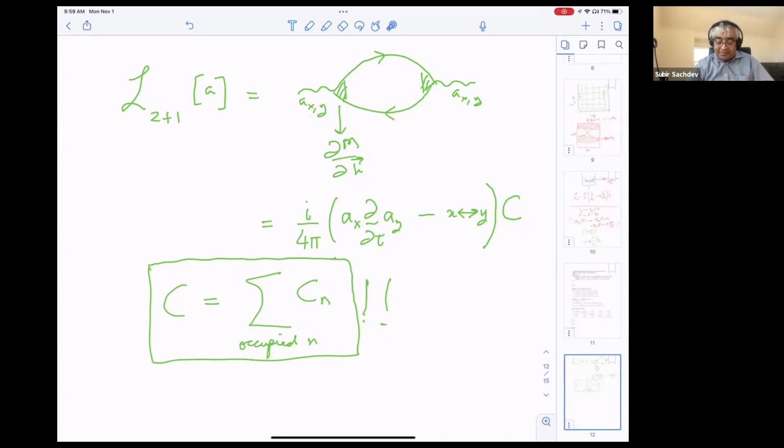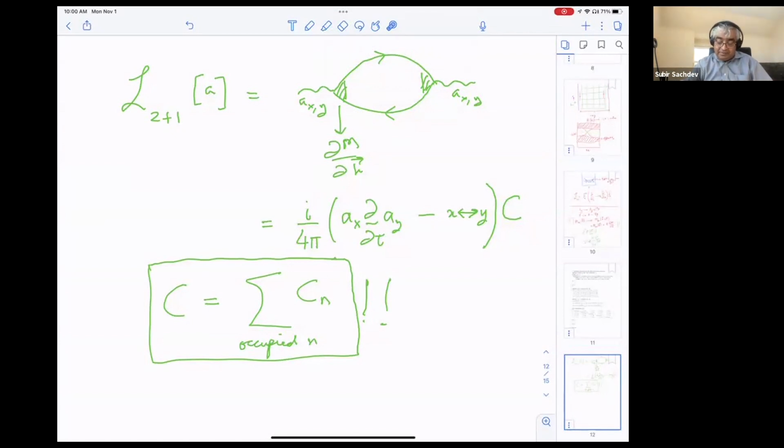I've shown you how you get factors of dm/dk. There's a dm/dk here. There's a factor of dm/dk over here. And then you have a state n running through this and a state n prime running through here. And you just evaluate the one loop diagram, nothing more complicated than that. And then you evaluate it for small frequency, and lo and behold, you get this answer.